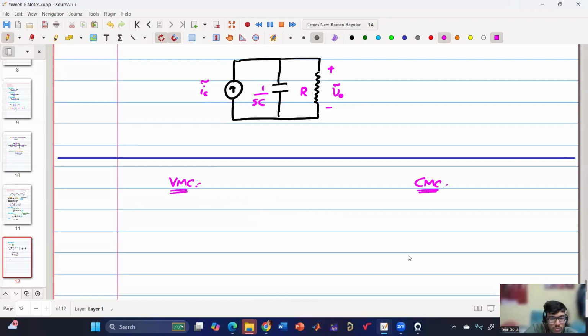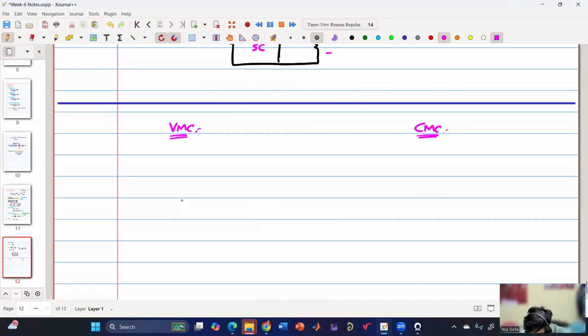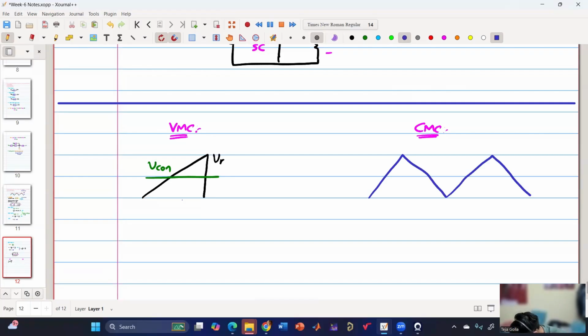In the case of voltage mode control, we are comparing the ramp voltage with V control voltage to get the duty ratio. Whereas in the case of current mode control, we are comparing the inductor current IL with the current reference IC.